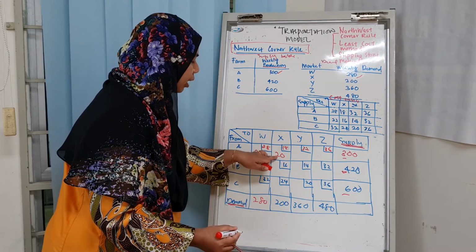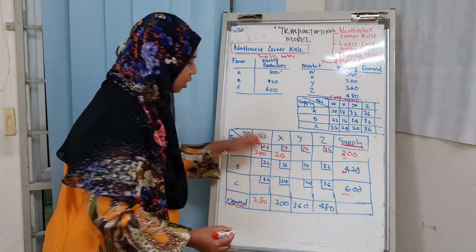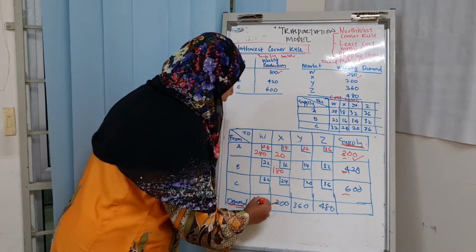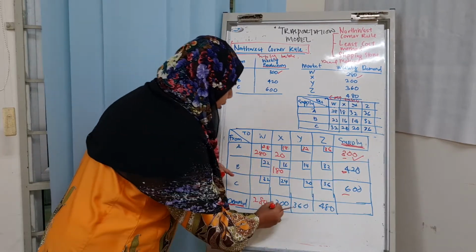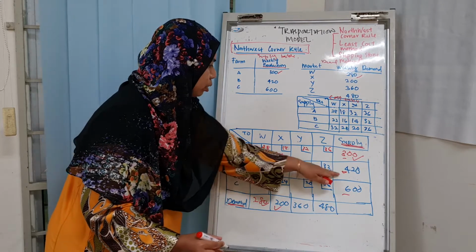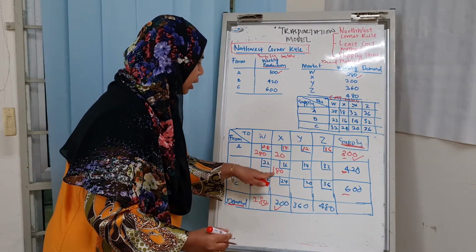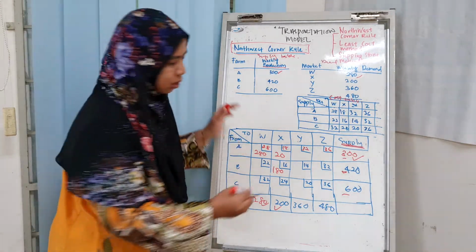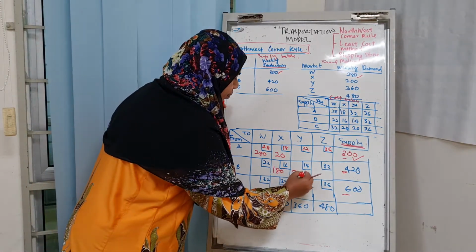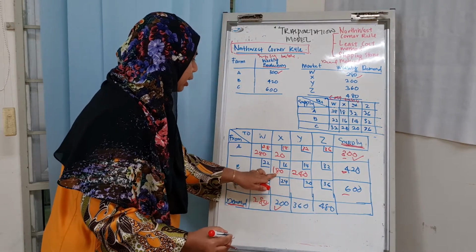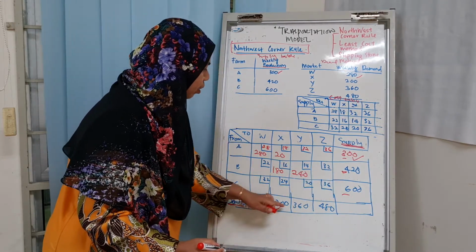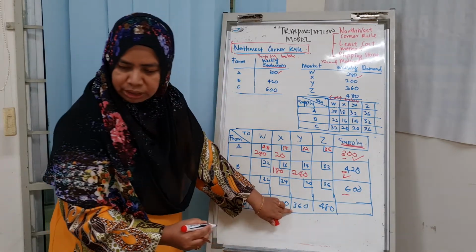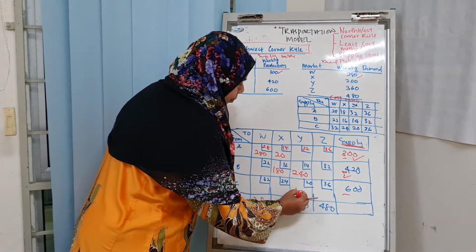In X we already have 20 here, so just put 180. Then the balance is 240. 240 plus 180 gives 420, so this one is settled, but here is not settled, so it is 120.